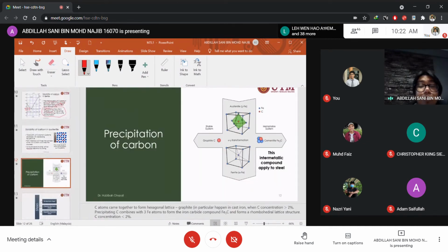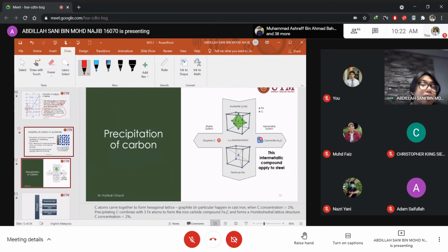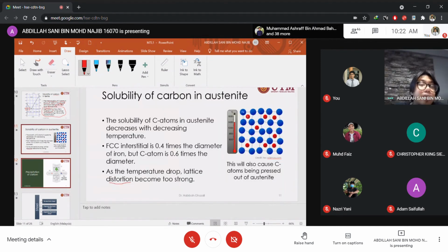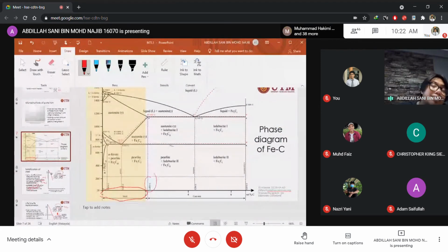For this it actually has two modes. For steel, which is 2% and below, so that we have a clear view, this is a little carbon and this one is more.